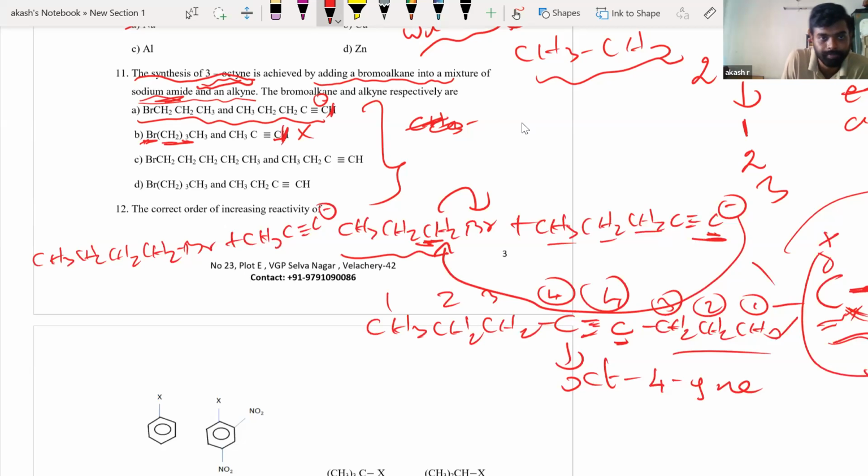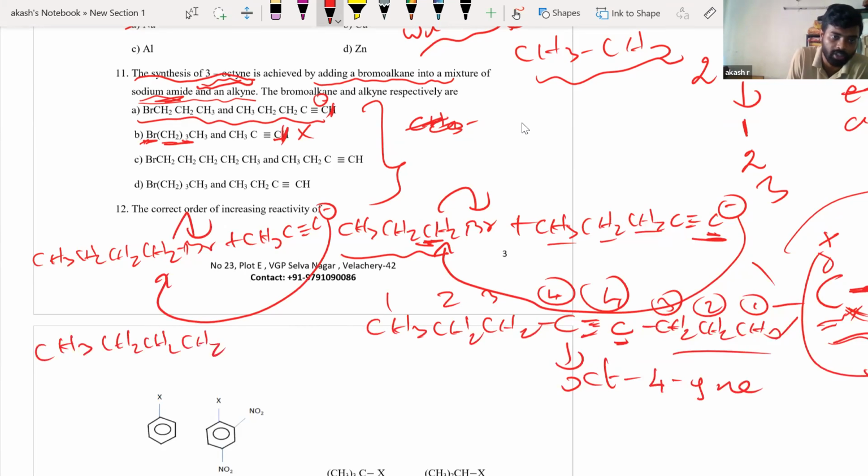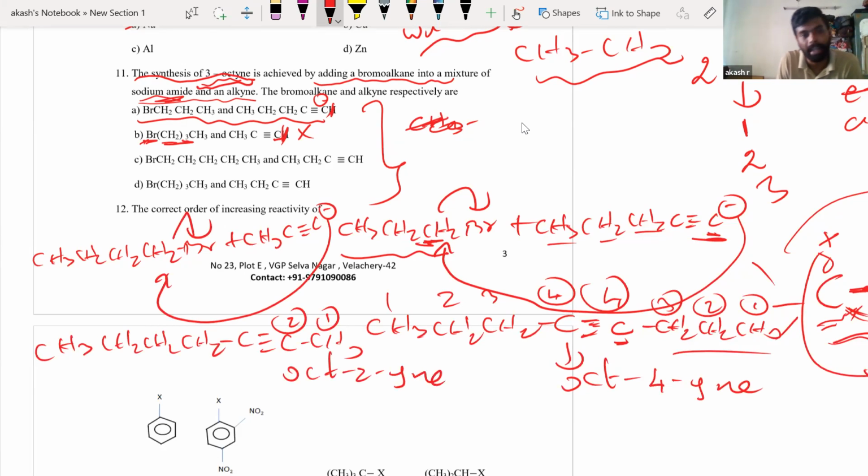I remove the H. Now again nucleophilic substitution. What will you end up with? CH3, CH2, CH2, CH2. Now I have C triple bond C CH3. Now where is my triple bond present? This is 1, this is 2. Obviously, I cannot go from this side. I have to choose the smallest possible number. Now this becomes oct-2-yne. Again, this is not the answer.